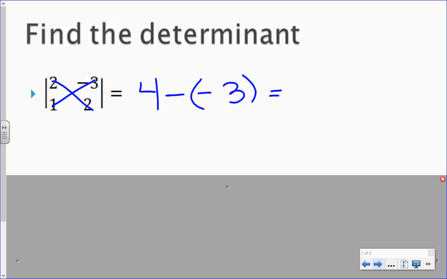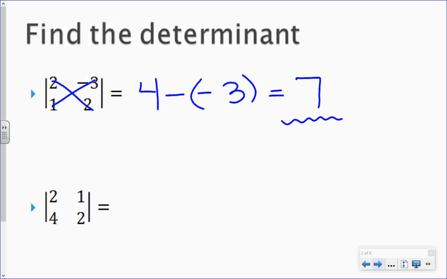Then subtracting -3 or adding 3, 4. Do you agree with me? Yep. Criss minus cross. 4 minus -3. Our determinant is 7. Okay. So we got another one.